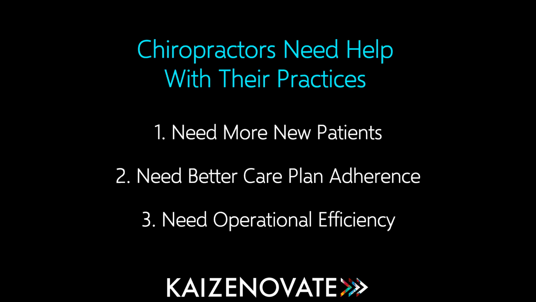Too many times, doctors are running around chasing their patients to make sure they're following their care plan, making sure they don't self-discharge, and that they actually complete the course of care that's been recommended to them. And also operational efficiency, just helping the staff become more efficient and more effective.